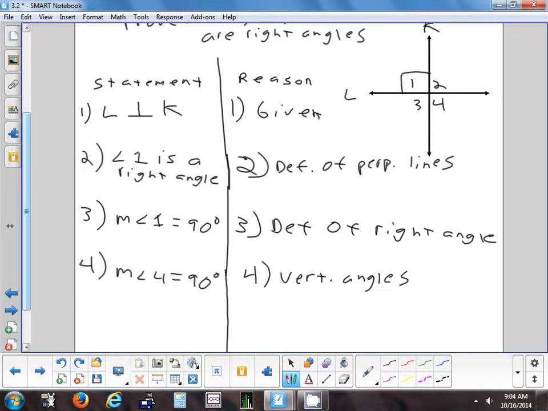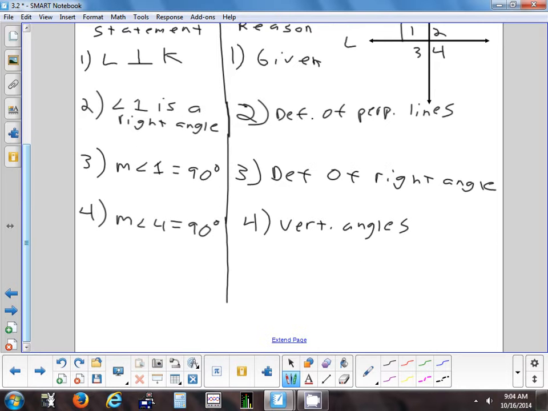Now, if angle 4 is 90, what else does that mean about angle 4? It's a right angle. So, angle 4 is a right angle. Why? Because it measures 90 degrees. That's the definition of a right angle.